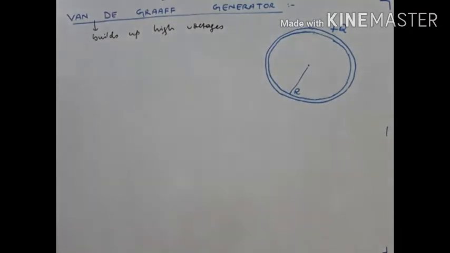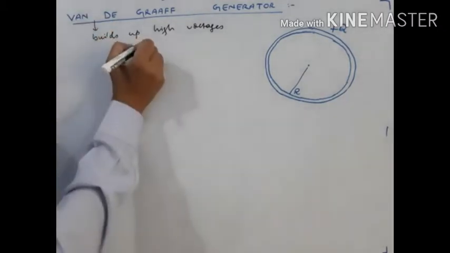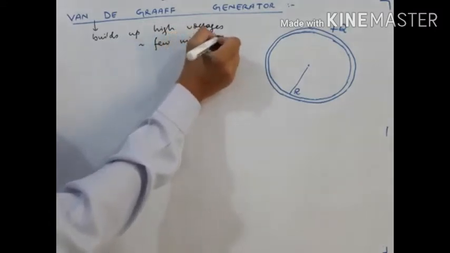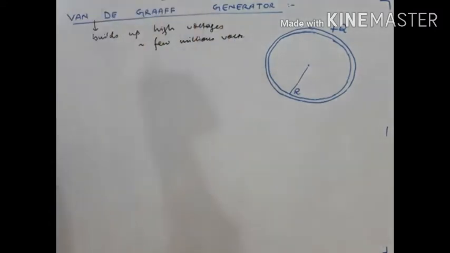Now how high, that will depend upon the machine itself, but it can be as high as a few million volts. Very high potentials, voltages can be created by using this particular generator. So today we will discuss what is its basic principle.